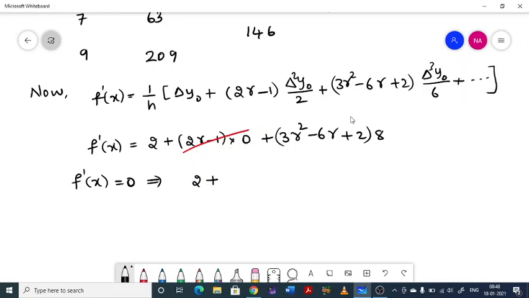So f dash of x equal to 0 implies 2 plus, multiplying this 8 here you will get 24r square minus 48r plus 16 equal to 0.